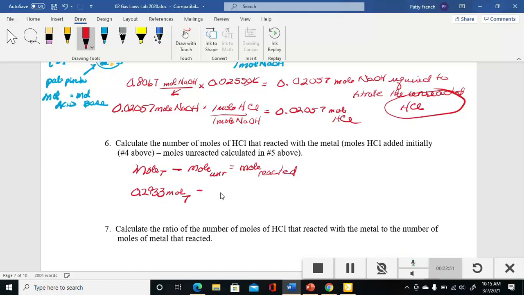And from the step we just did, 0.02057 moles unreacted. And that left us with 0.00876 moles of reacted HCl, because that's what we care about.